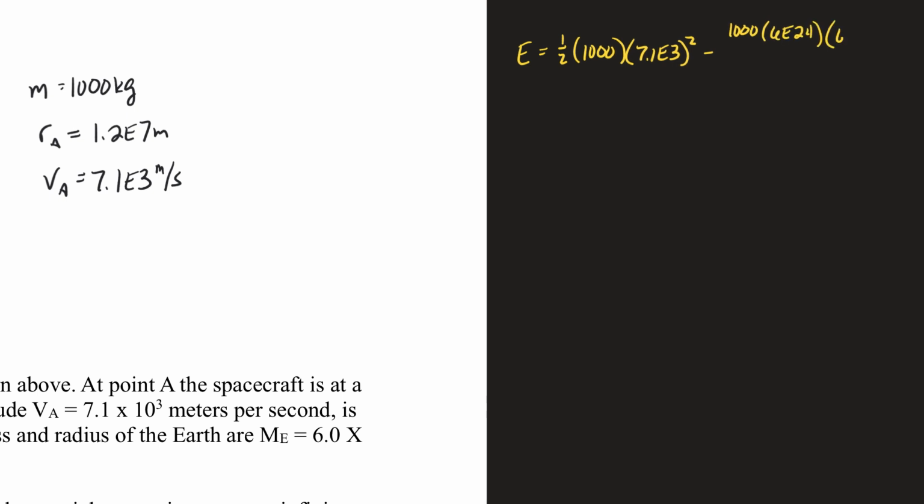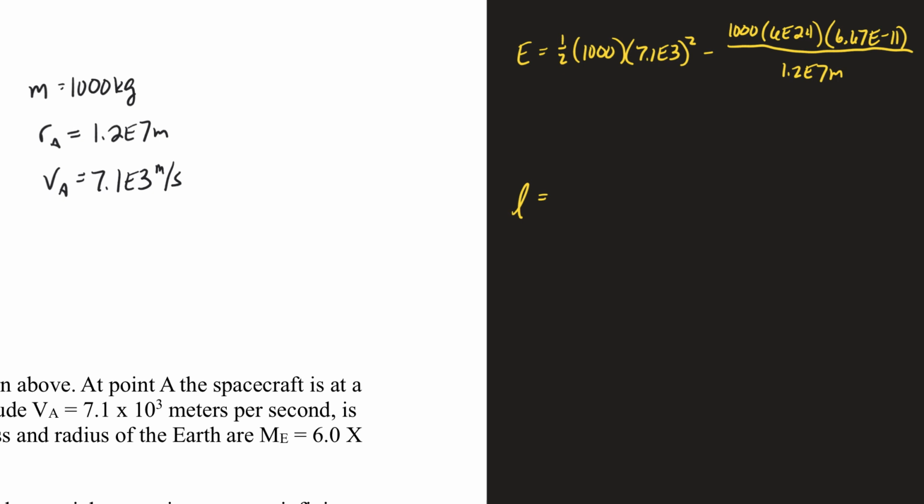You do need the constant, and if you haven't memorized it yet, and I can't believe that you haven't memorized something that's 6.67. You say it so often already. But the R that goes here has to be the separation distance between the center of the planet and where the satellite is. So this is going to be the 1.2 times 10 to the 7th meters. Again, this is just plug and chug.